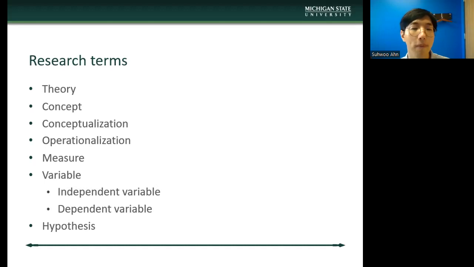So when we talk about social media making people depressed, the independent variable is social media use, and the dependent variable is levels of depression. Finally, we also talk about hypothesis, which is defined as a statement about the relationship between variables. So in this way, you can review and remind yourself of some terminologies, and you can think about the definitions of those terminologies.